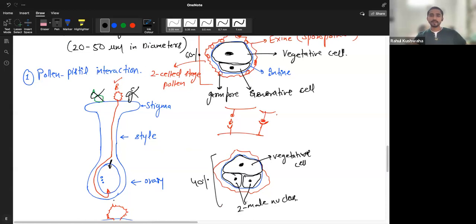So where do you think the micropylar end is? At the top or at the bottom? Bottom. Makes sense, right? Wherever there is a micropylar end, there is an opening, and through that opening, the tunnel can very easily go inside the embryo sac.